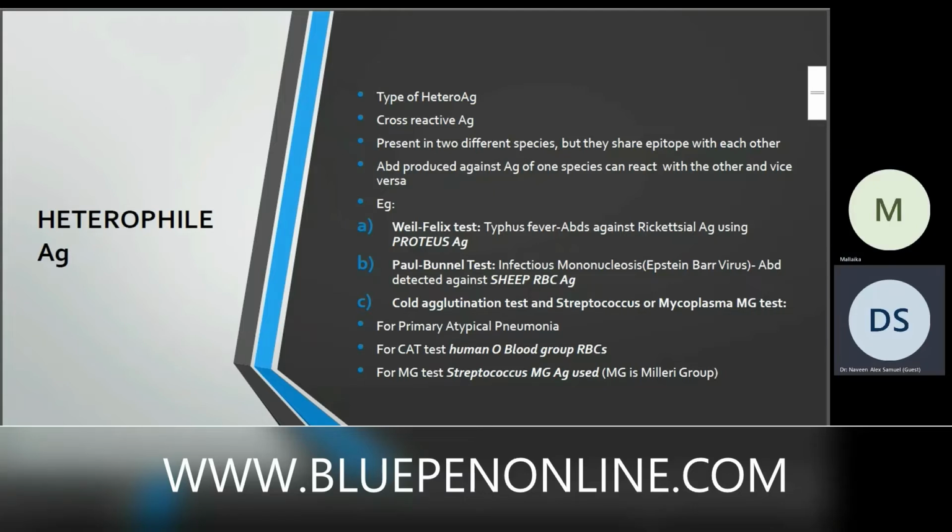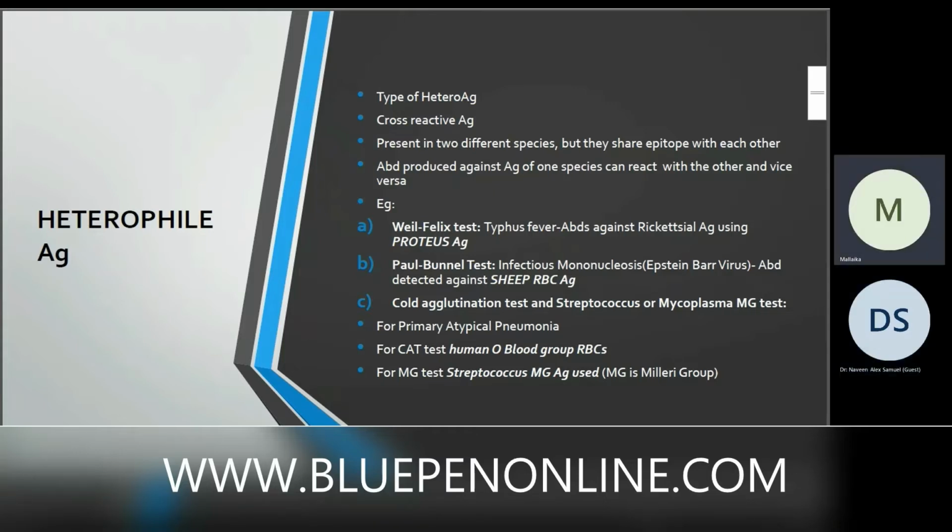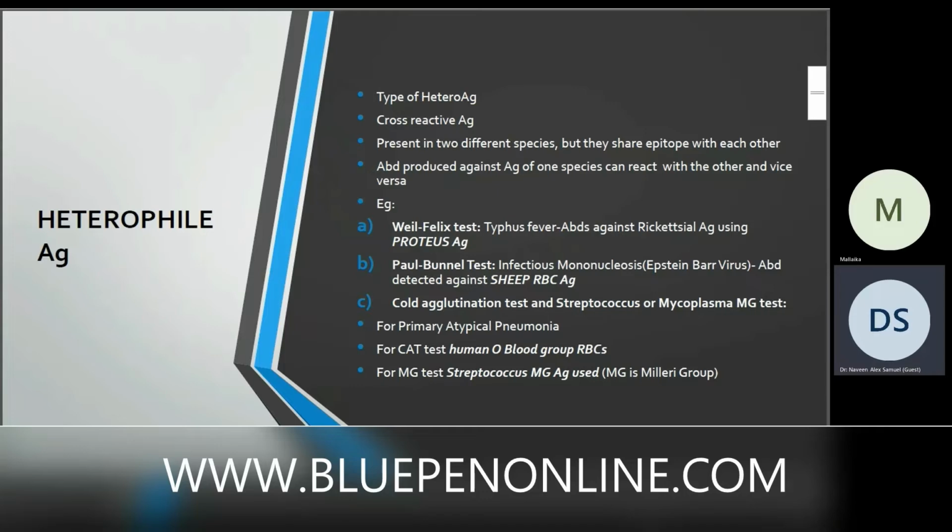Only this test is available. So how do we do this test? We put a Proteus antigen in the serum of the patient, and you'll find an antigen-antibody reaction, with clot formation in the test. So the Weil-Felix test is positive.